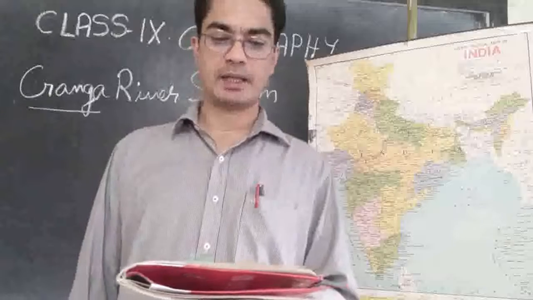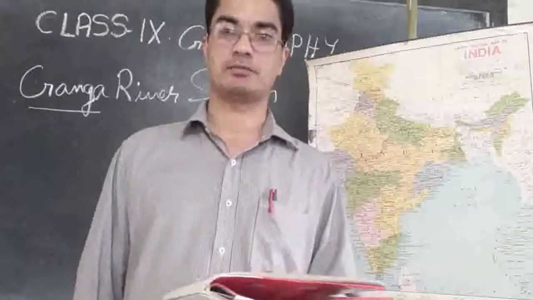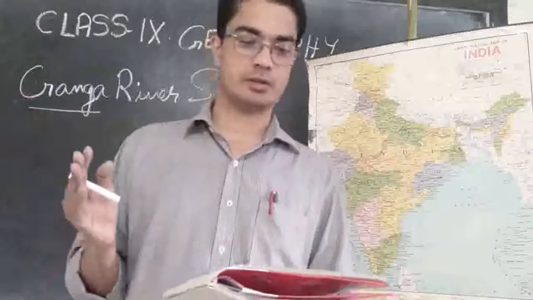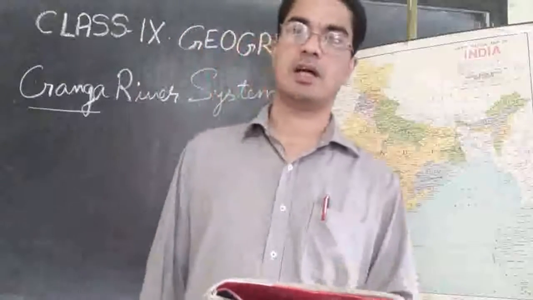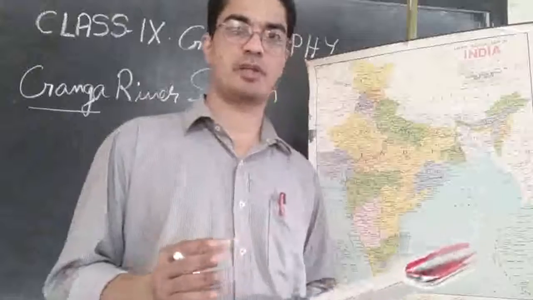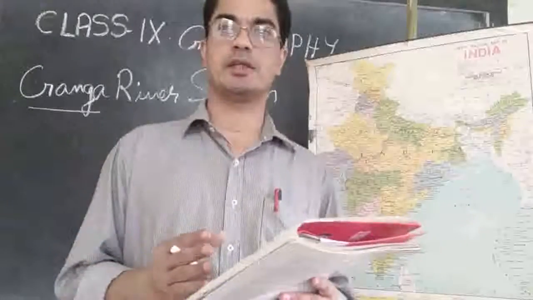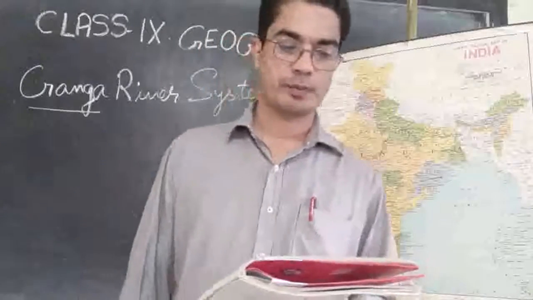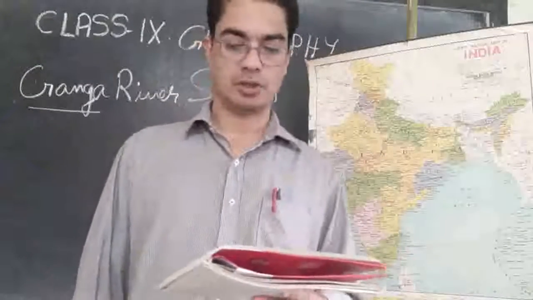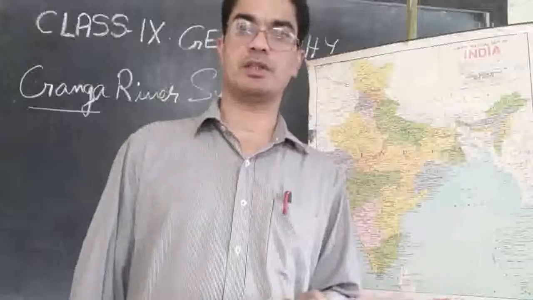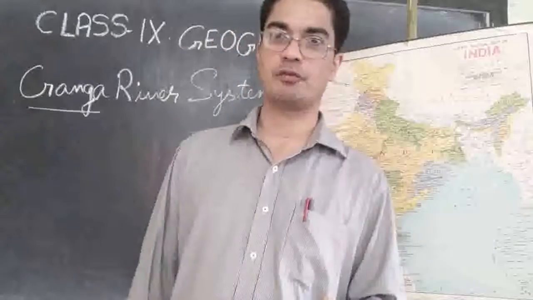and joined by Alaknanda at Devprayag. So there is another river called Alaknanda, and these two rivers will be joining together in a place called Devprayag in Uttaranchal. These two rivers join together and form Ganga.